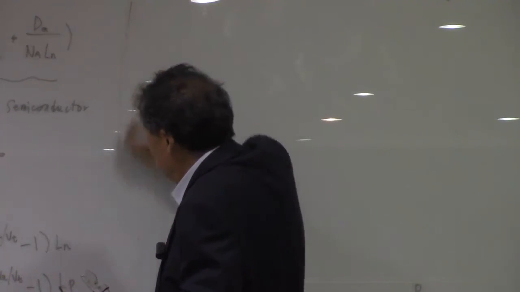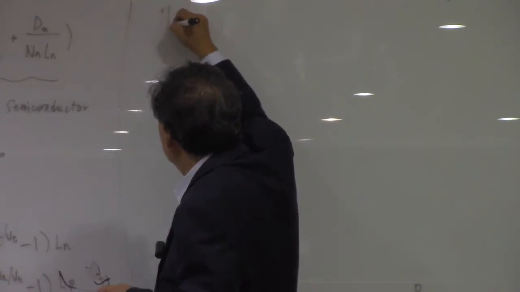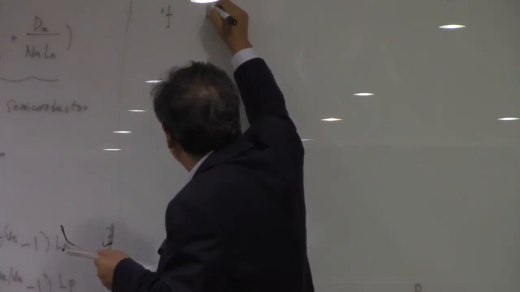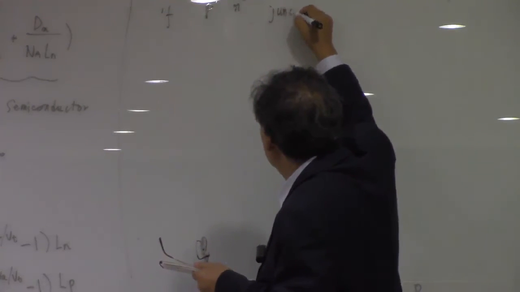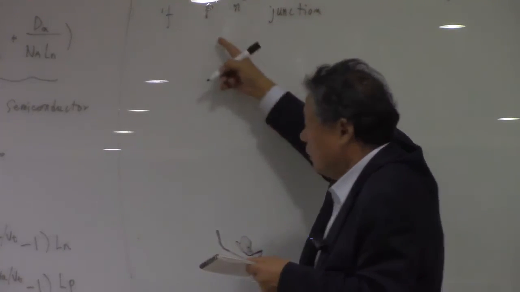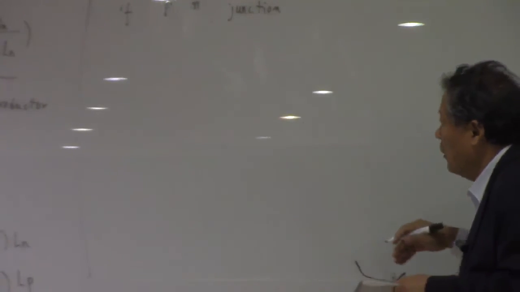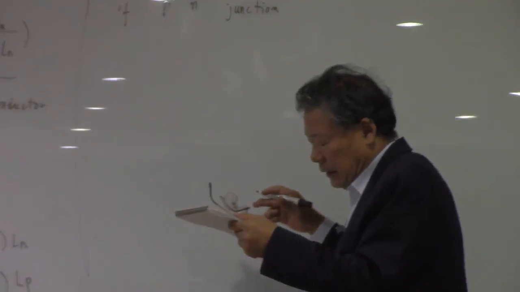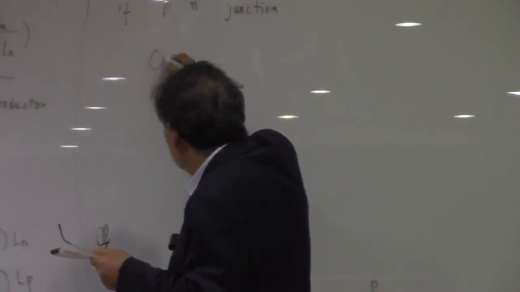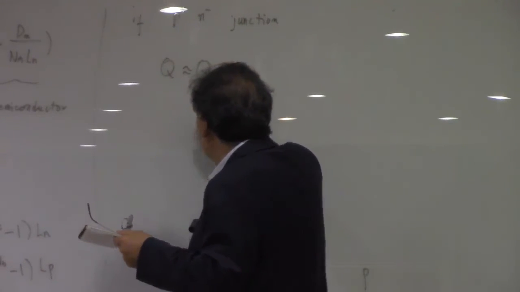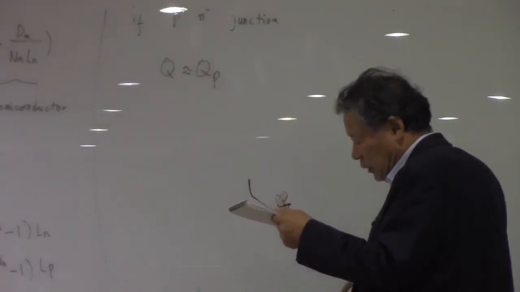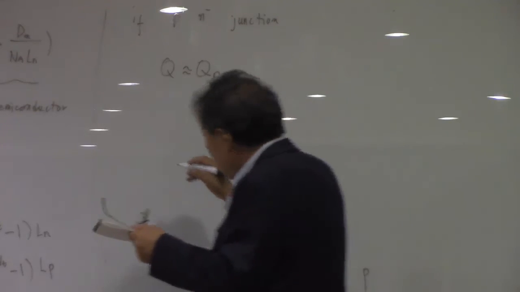Now, if it is a P plus N minus junction, which means the P type is heavily doped and the N side is lightly doped, then the charge here is going to be equal to the charge from the P side.